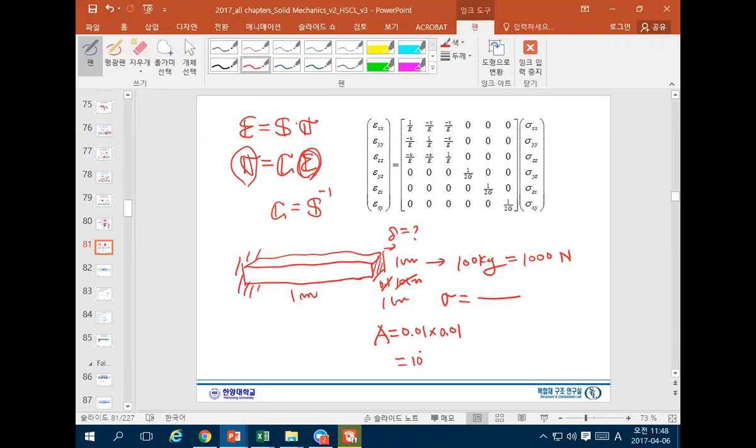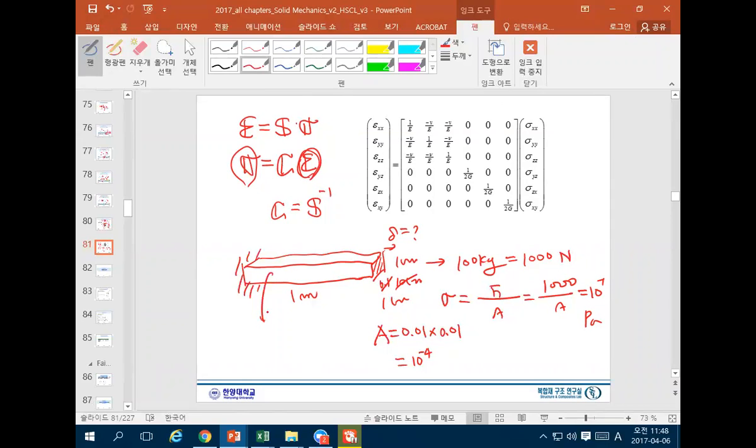So this will be 10 to the minus 4. And stress-wise, now we have the force divided by A. The force will be 1000 divided by A. That will be 10 to the 7 Pascal, right? 10 to the 7 Pascal.